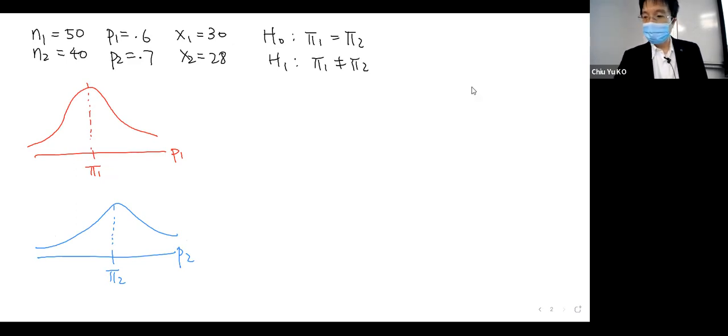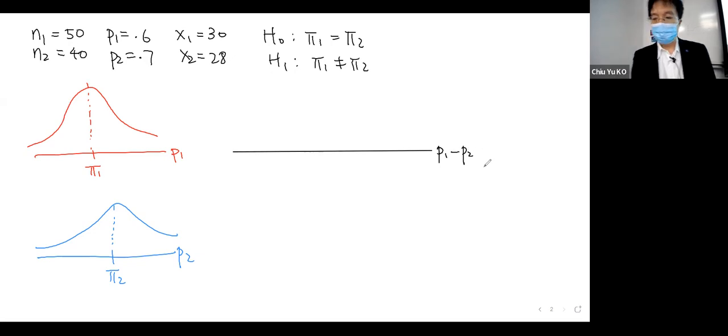So what we care about is not the separate P1 and P2. Rather, we care about the difference, P1 minus P2, or P2 minus P1, it doesn't really matter. The difference of bells is still a bell, with the mean being P1 minus P2.